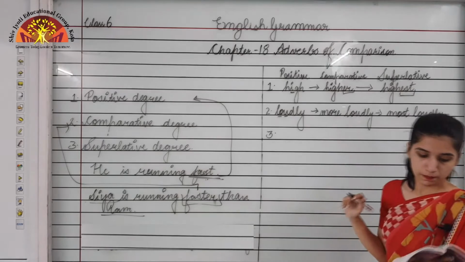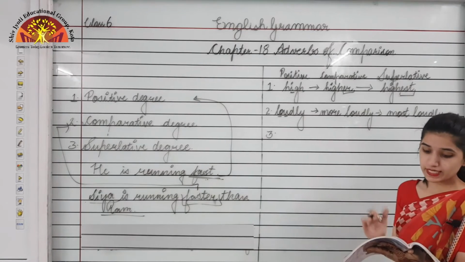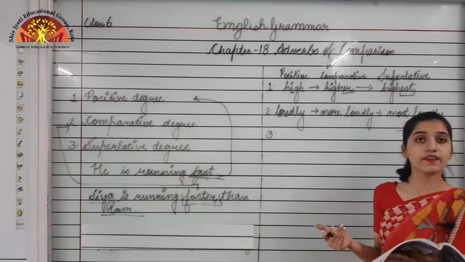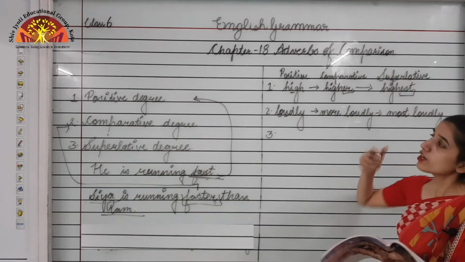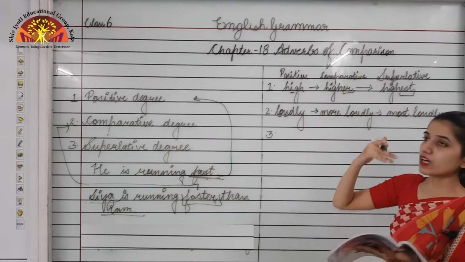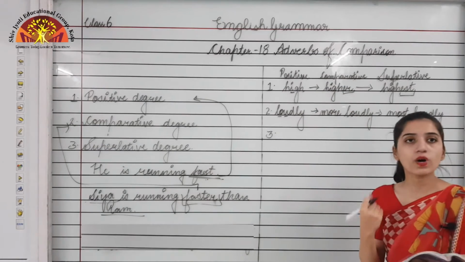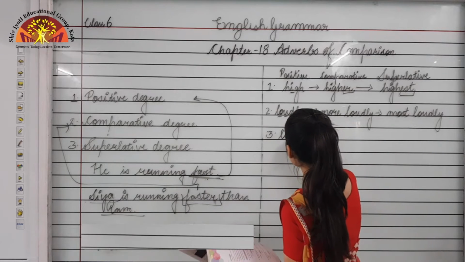Now the third point: we do not follow any rules to form the comparative and superlative degrees of irregular adverbs. These irregular adverbs do not follow the rules we have studied. They just change the whole word. I am writing an example, that is little.